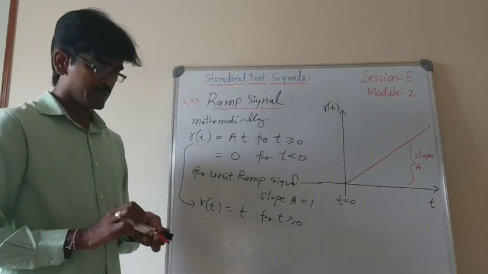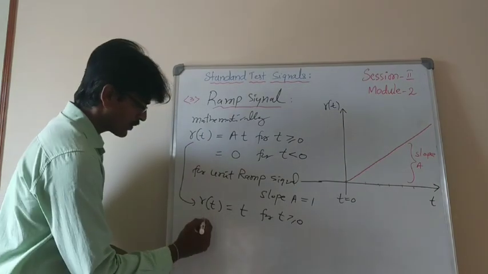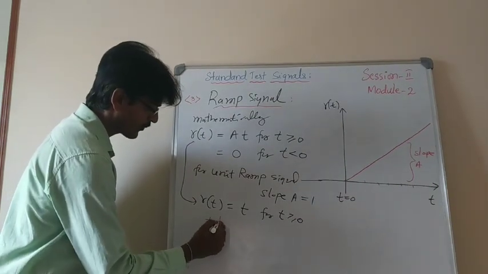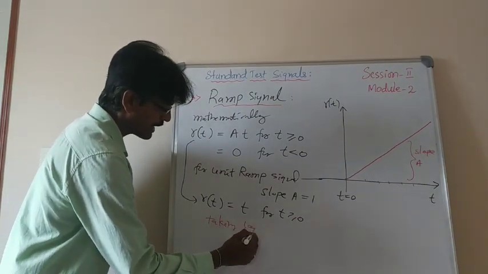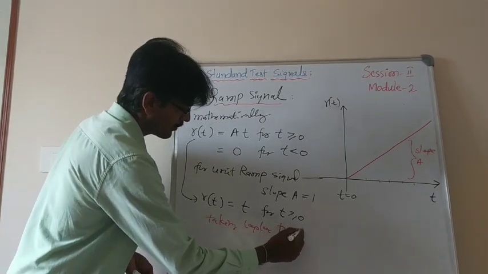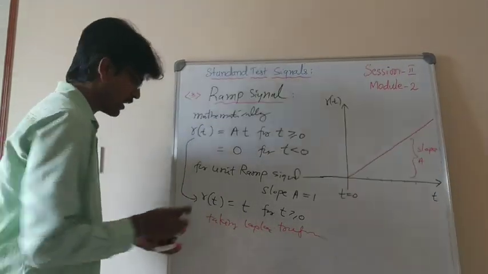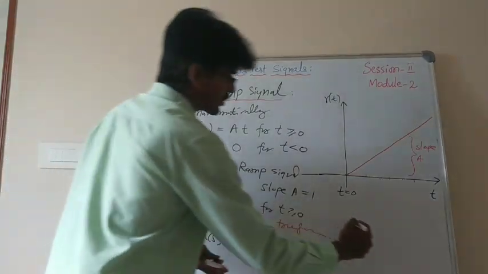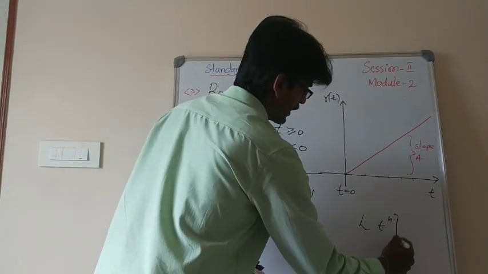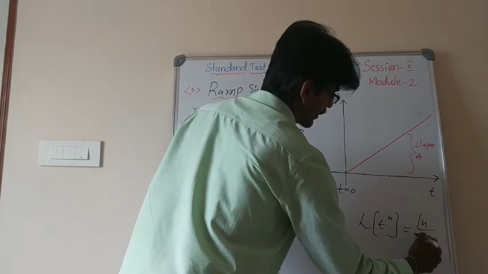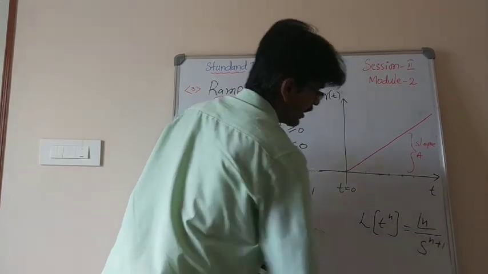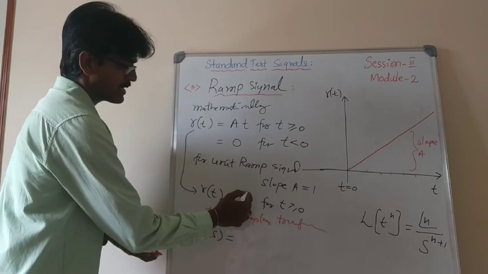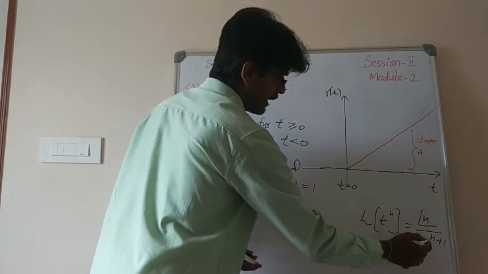Now let us express this in frequency domain. So taking Laplace transform, r of t becomes r of s is equal to Laplace transformation of t. Laplace transformation of t to the power of n is equal to n factorial divided by s to the power of n plus 1. Since n is equal to 1 here, we get 1 divided by s square.